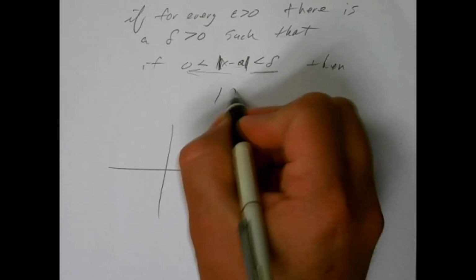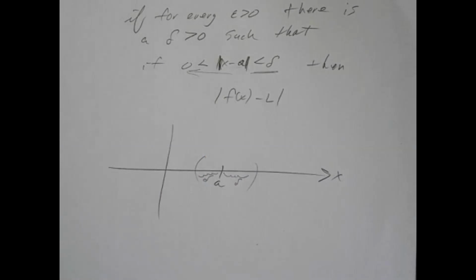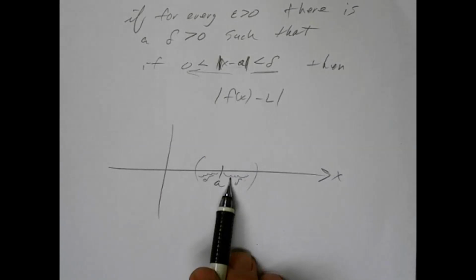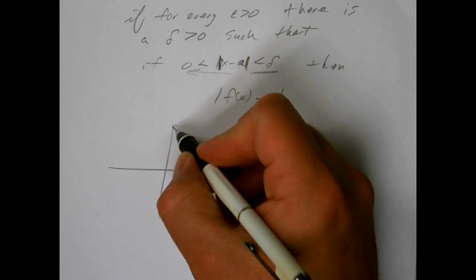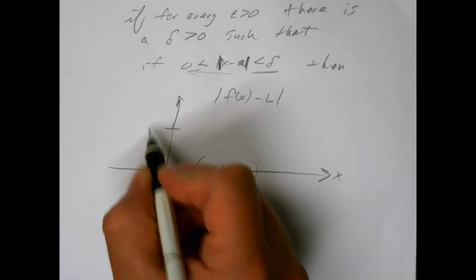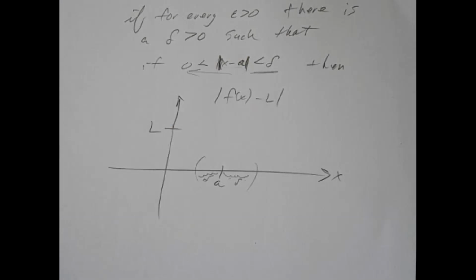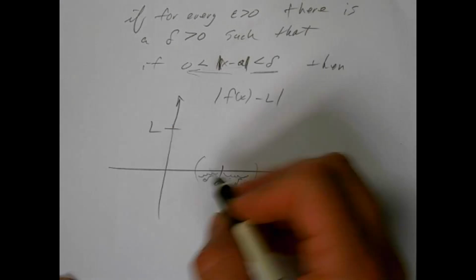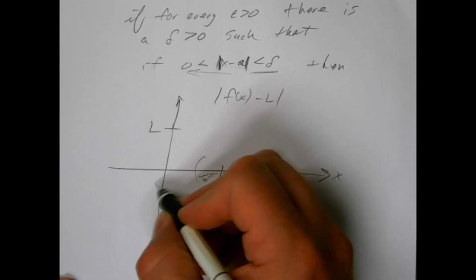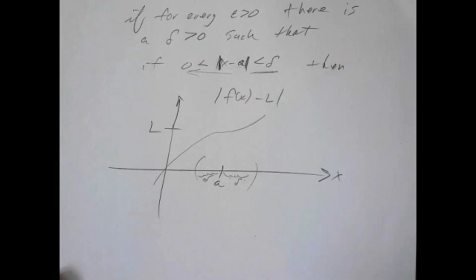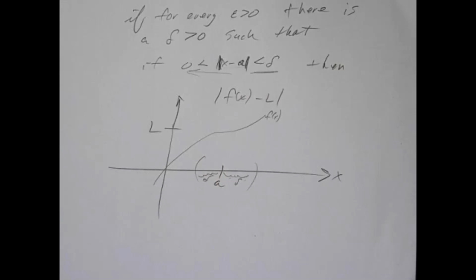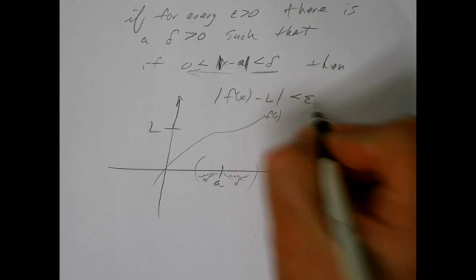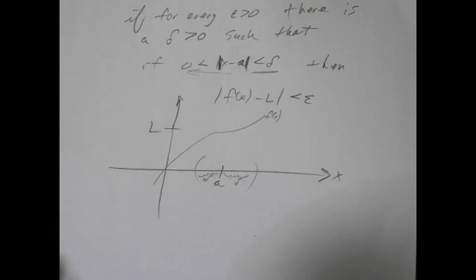the absolute value of f of x minus L, which is basically saying if you get this close to a, then the distance between f of x and L, well, what is L? Well, L is a number on the y-axis. And what it's saying is that your function, let's arbitrarily say the function looks like something like that, this is your f of x, will be less than epsilon. And what's epsilon?